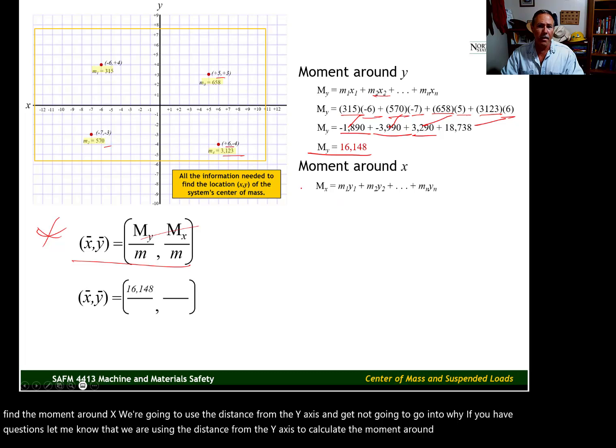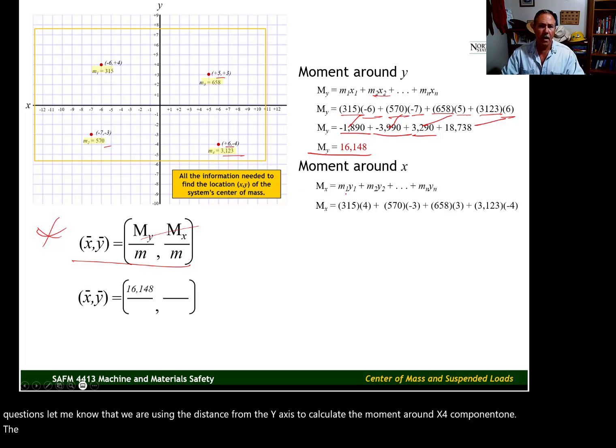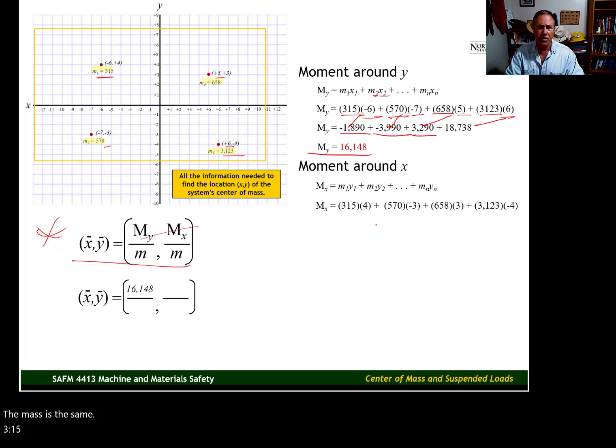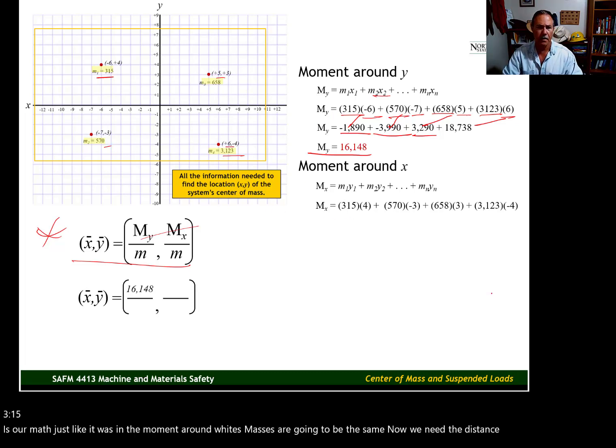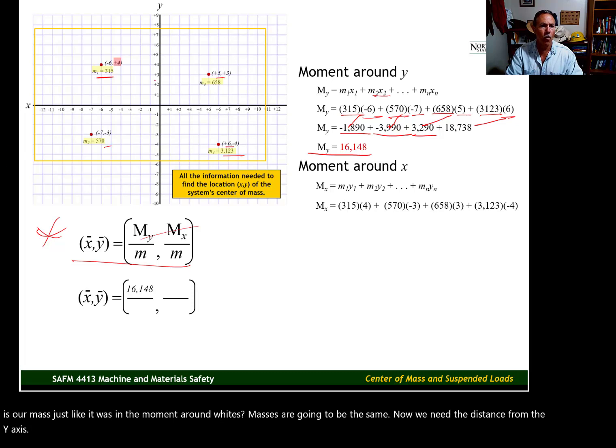For component 1, the mass is the same, 315, just like it was in the moment around y. Masses are going to be the same. Now we need the distance from the y-axis, +4.